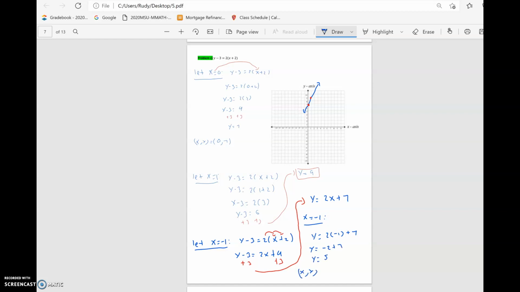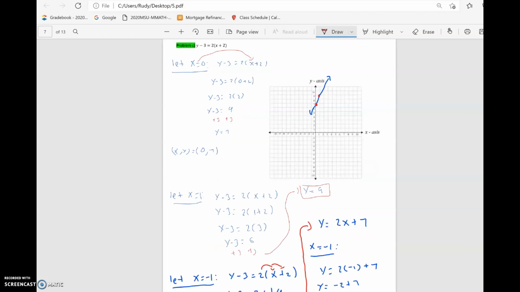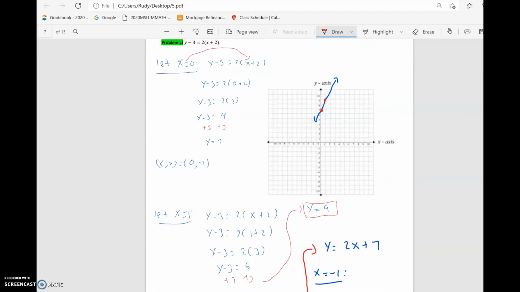As an x and a y, the next coordinate point would be -1, 5. And you can see here that the point is actually getting there. So -1, 5, it's technically right there.